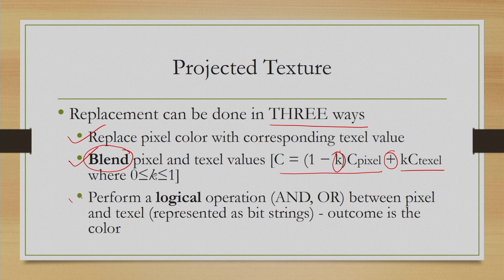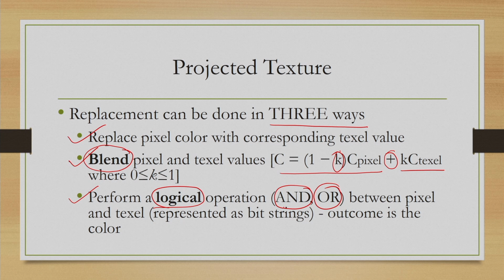The third approach is also slightly complicated: we perform a logical operation, either an AND operation or an OR operation, between the pixel and texel values. Now remember that we store these values as bit strings in the frame buffer.